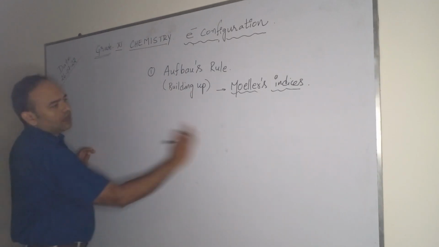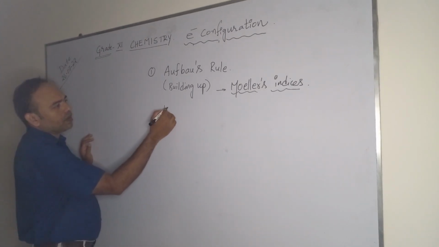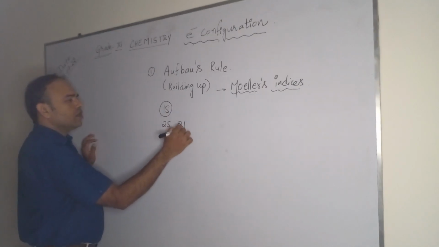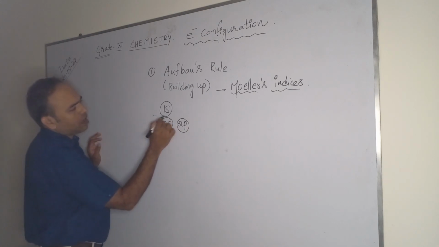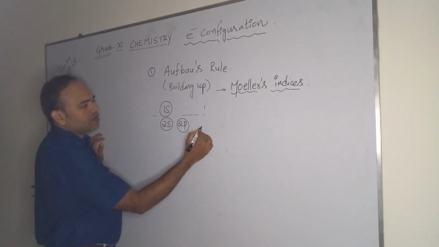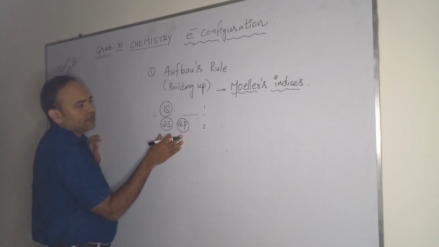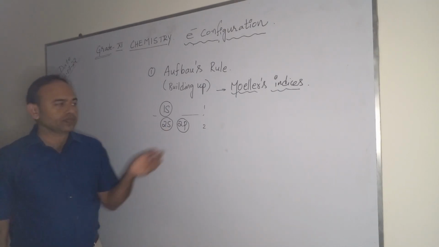Now, I'll give you a simple method to draw the orbitals. Let me take 1s, 2s, 2p. What I'm doing is increasing the number of orbitals in each line. Here I took only one orbital, 1s. Next line I have taken two orbitals, that is 2s and 2p.